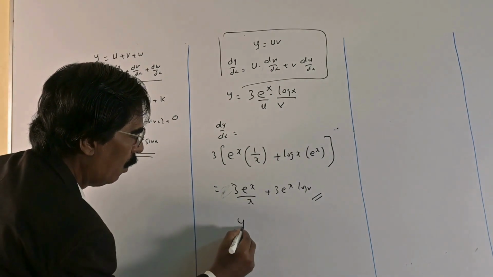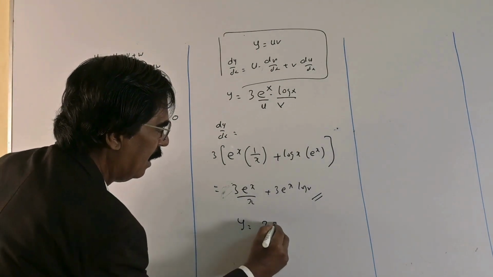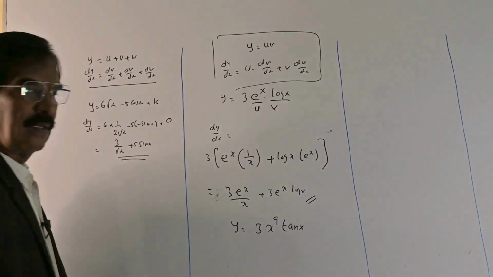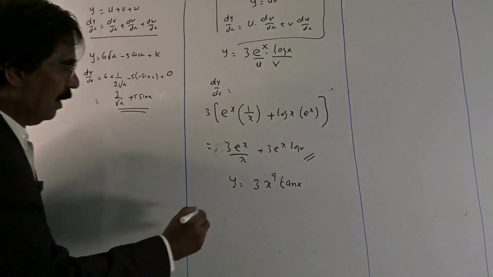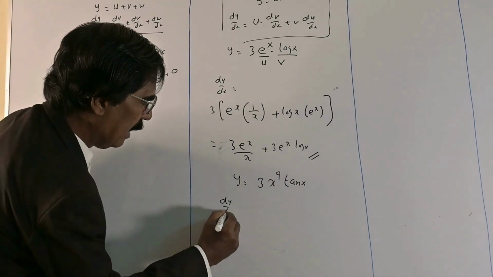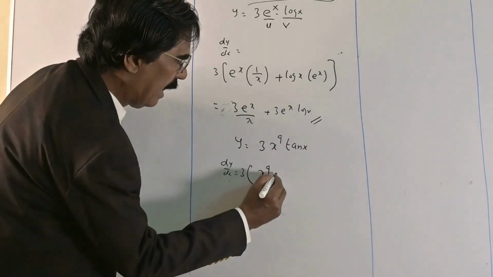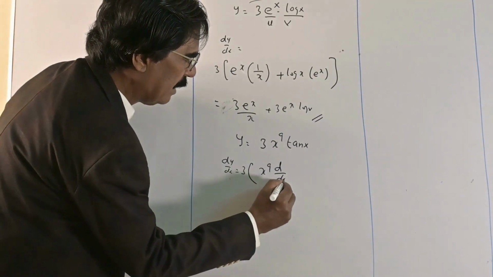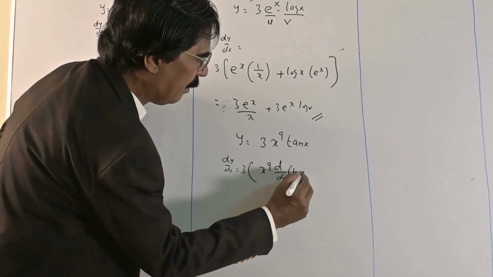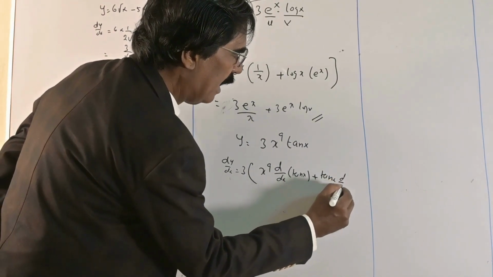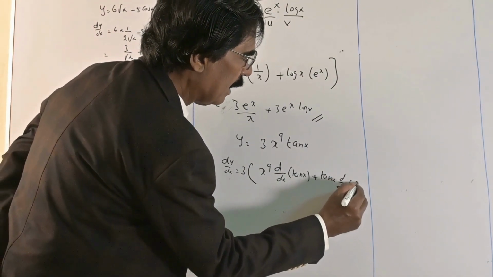Look, y is equal to 3 x to the power of 9 tan x e power x. Right? Now listen, this is dy by dx. 3 out. What is the meaning? x power 9 as it is, you are differentiating tan x. That is the meaning. tan x as it is, you are differentiating e power x.